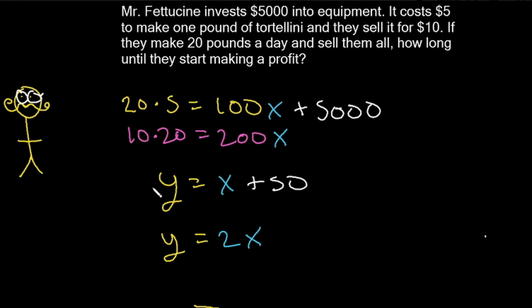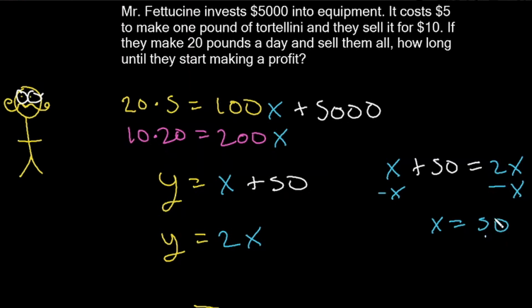So here are our two equations, and as we can see, both of them are equal to y. So we can just set them equal to each other. So we'll have x plus 50 is equal to 2x. And we can subtract an x on both sides, and we'll find that x is equal to 50. So it's going to take 50 days for them to start making a profit.